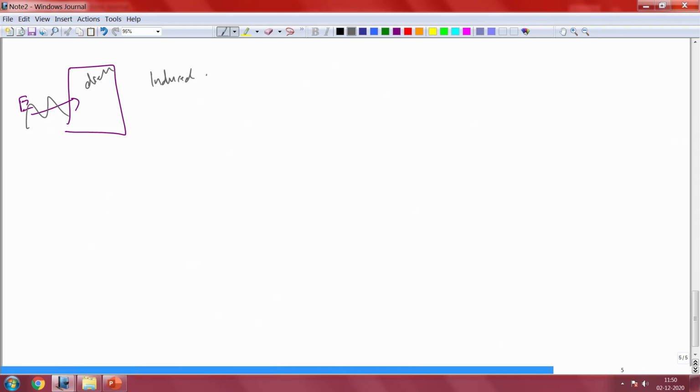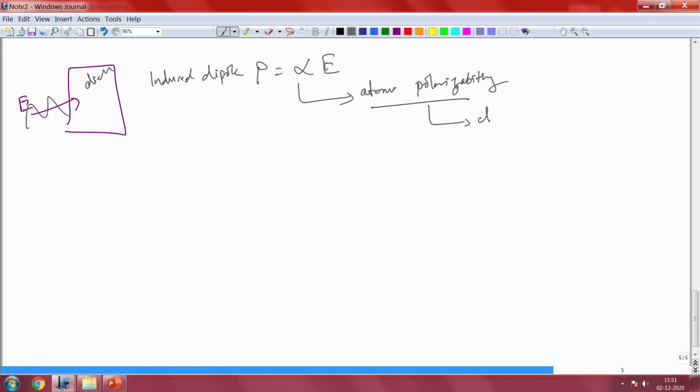So there is an induced dipole p that depends on the electric field that you apply, but then there is the polarizability. This is a very important characteristic. This is atomic polarizability, right. So this is derived from the classical electron model.